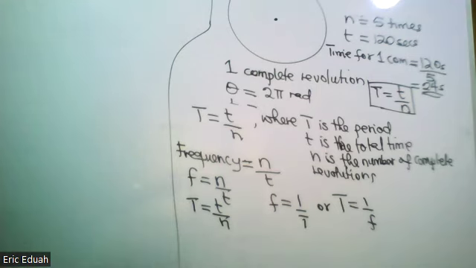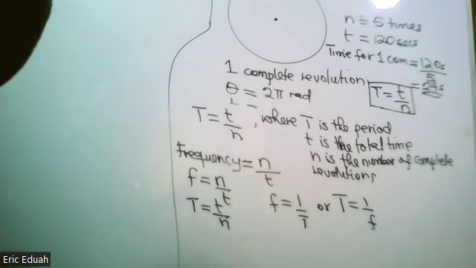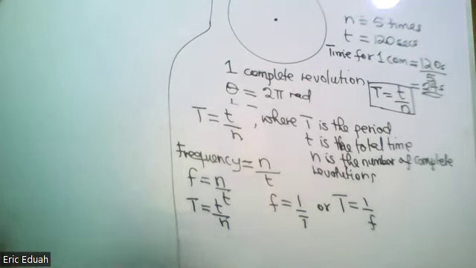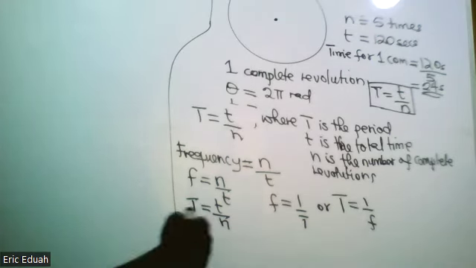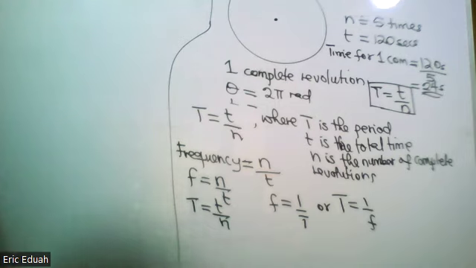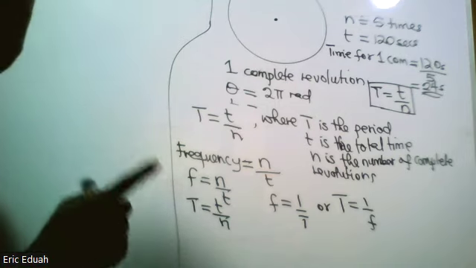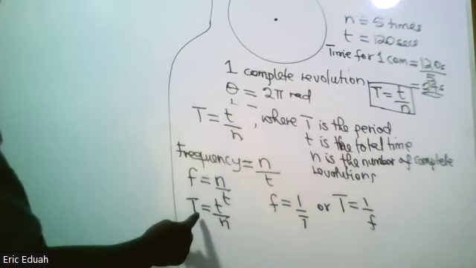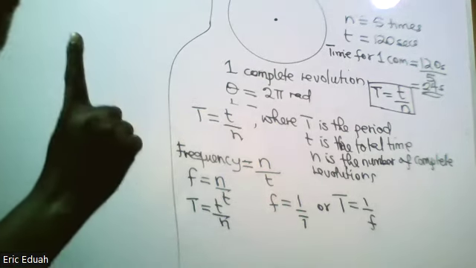revolutions. Oscillation is for simple harmonic motion. Here we'll restrict ourselves to revolution. It is the number of complete revolutions within a second. We fix the time for frequency at 1 second.